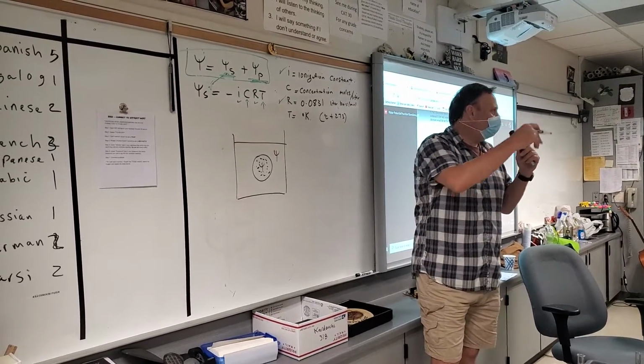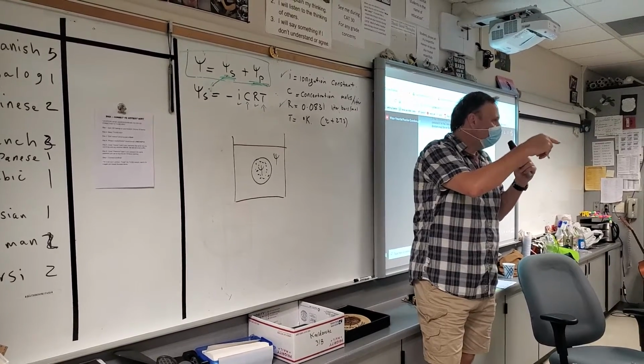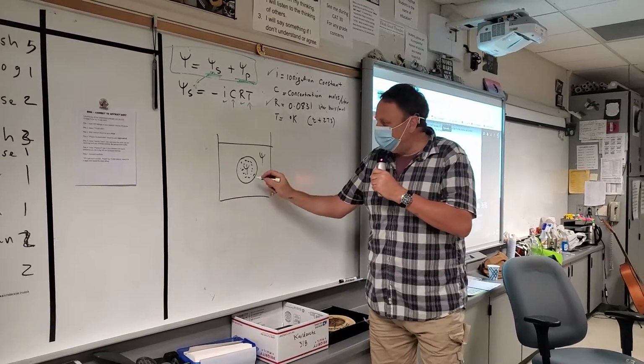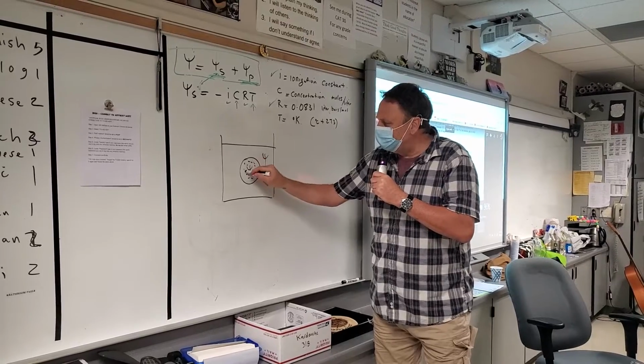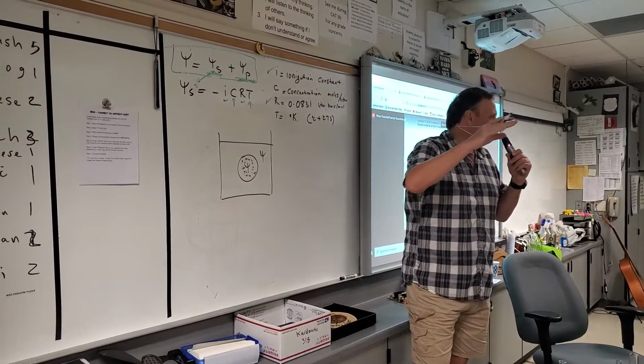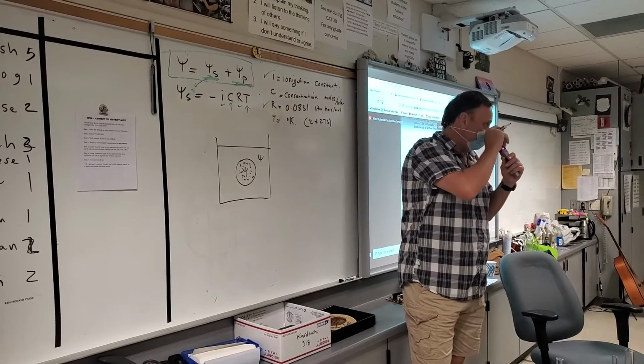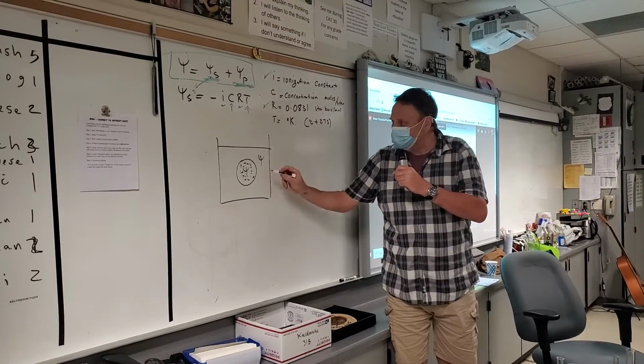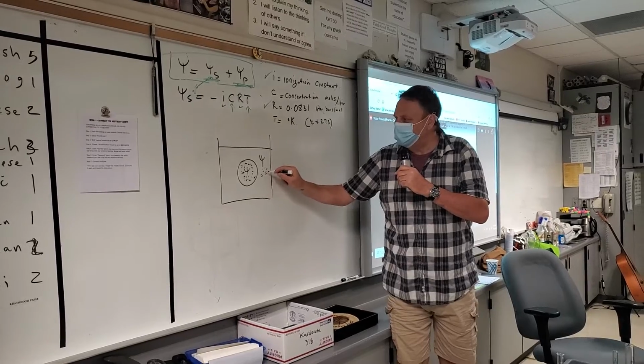Pure water has a water potential of 0, exactly. So we know that if this side has a lot of stuff, whether it's a salt or a sugar, it's going to be dropping its water potential, correct? If the outside has a lot of stuff in it, that's going to drop its water potential.